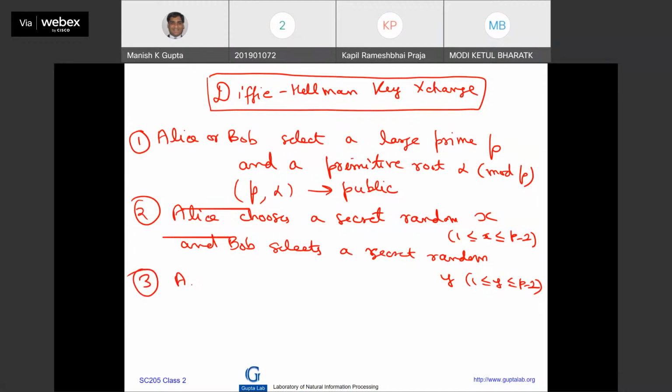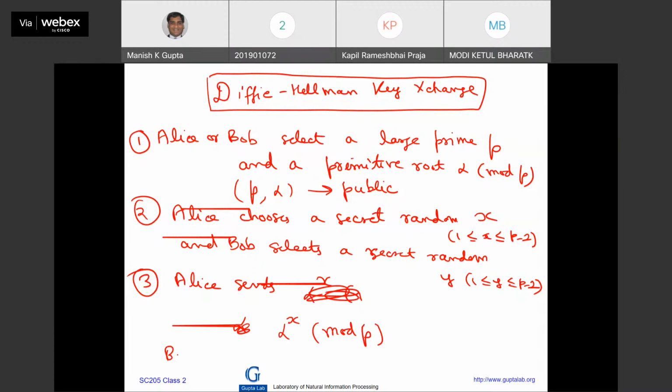Step 3. Alice sends alpha raised to x mod p. Because x is known to Alice, she can compute alpha to the x mod p and send it across the public channel.